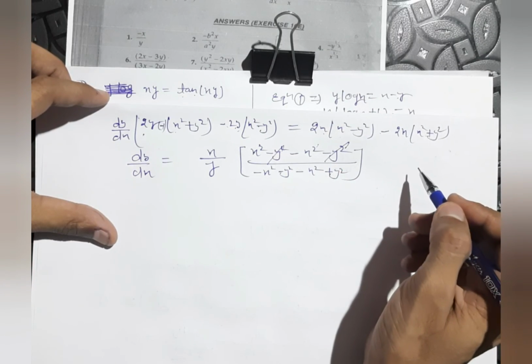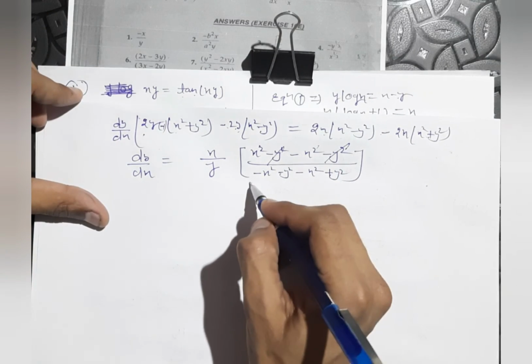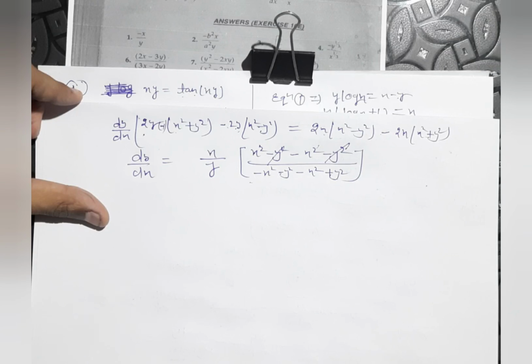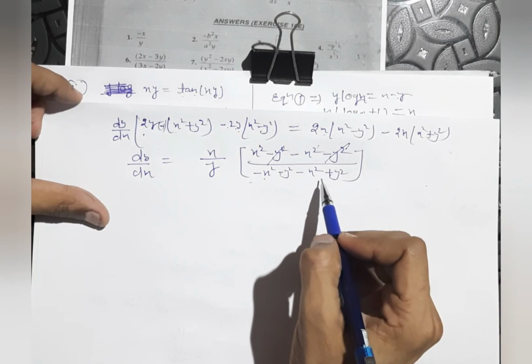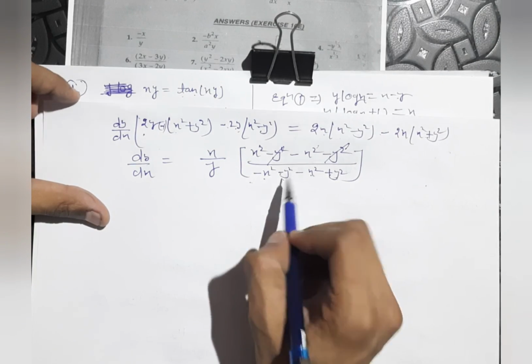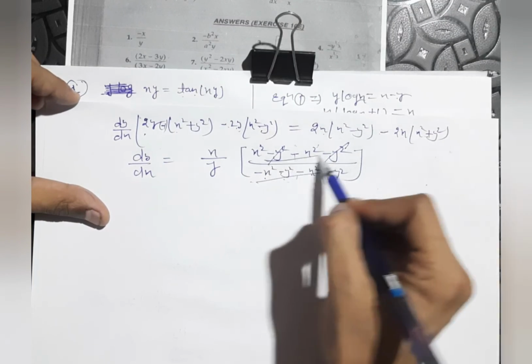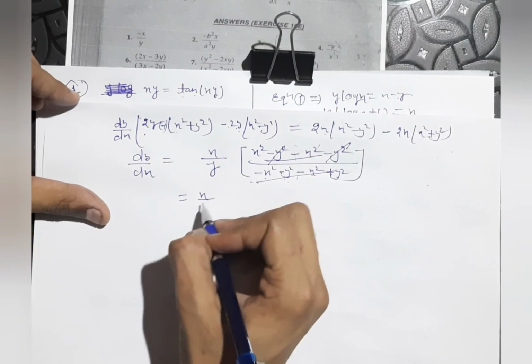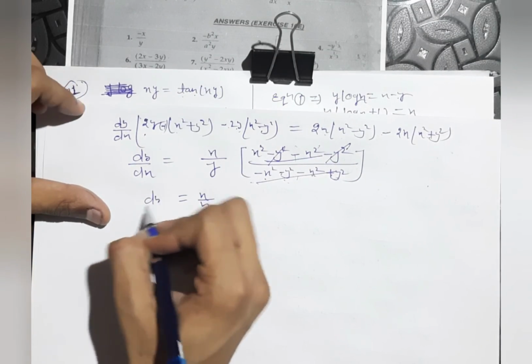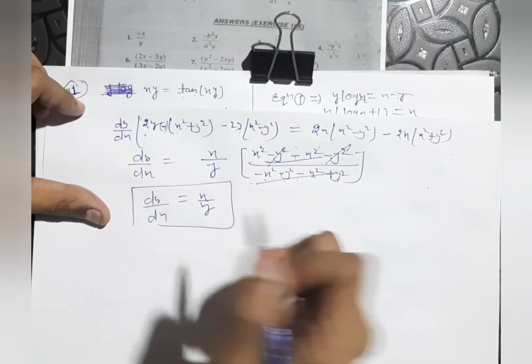Oh sorry, it is not indeterminate form. The whole term is the same, as you can see that this is x square minus x square and y square is y square, and both the terms are the same. So this is cancelled by 1 and the remaining term is only x over y. So this is dy over dx, which was to be proved.